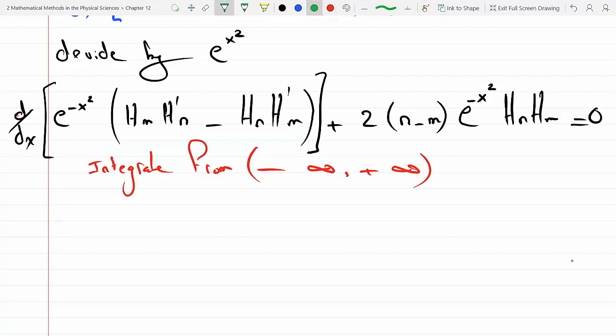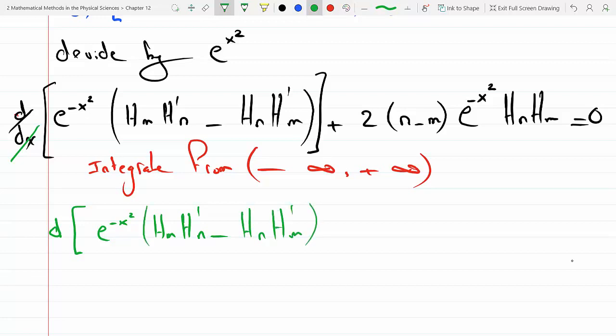I could multiply the whole equation by dx, right? So let me first do that. So I would get the derivative of e to the minus x squared h prime n h prime m plus 2n minus m e to the minus x squared hn hm dx equals 0.